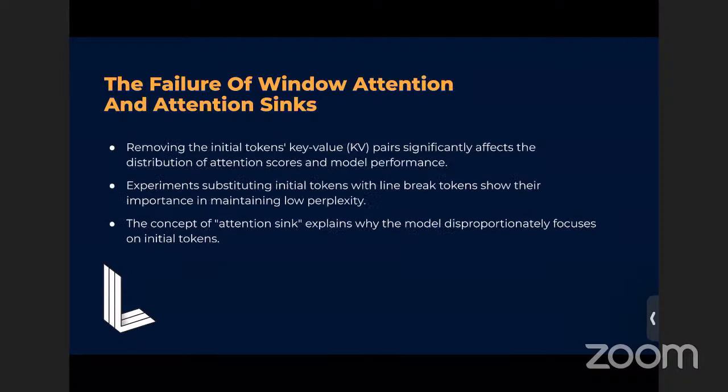So when we remove the connection of the first words with other words, meaning removing the initial tokens' key-value pairs, or KV pairs, it messes up how the model pays attention and makes it perform worse. And when we replace the first words with line break symbols, the model gets more confused and its perplexity increases. The initial words are important for the model to understand the text well.